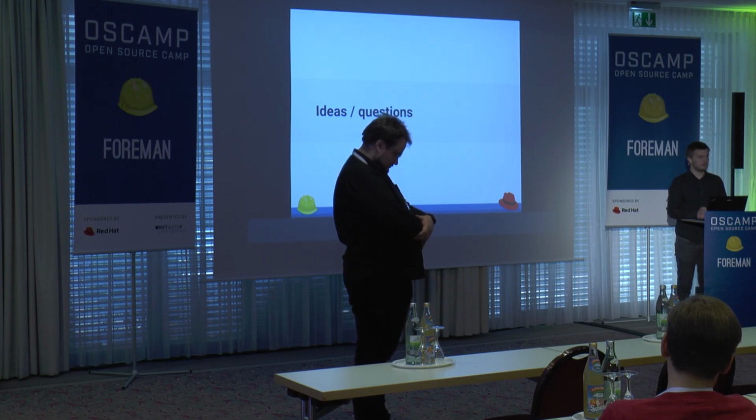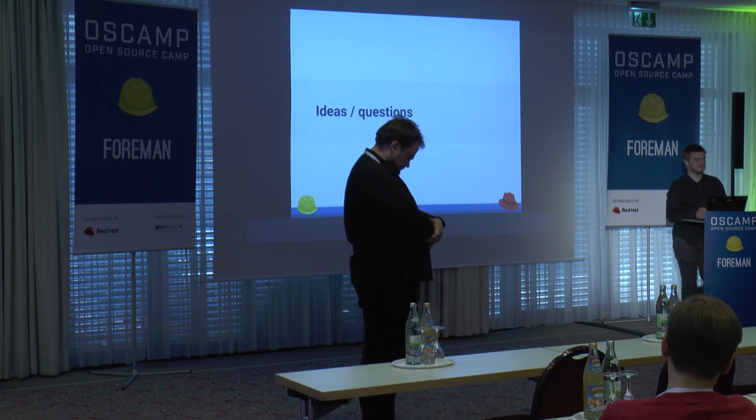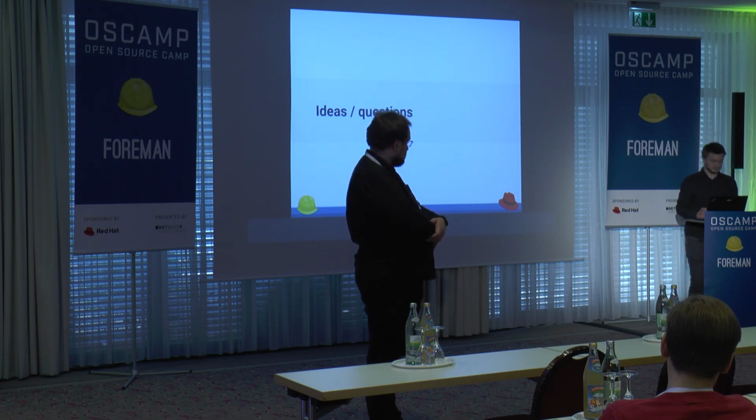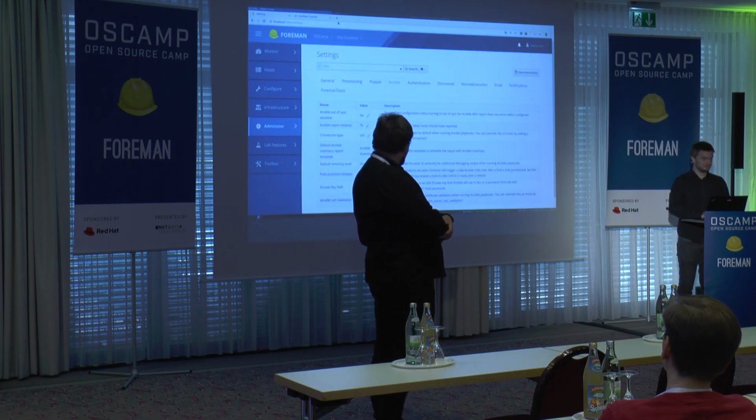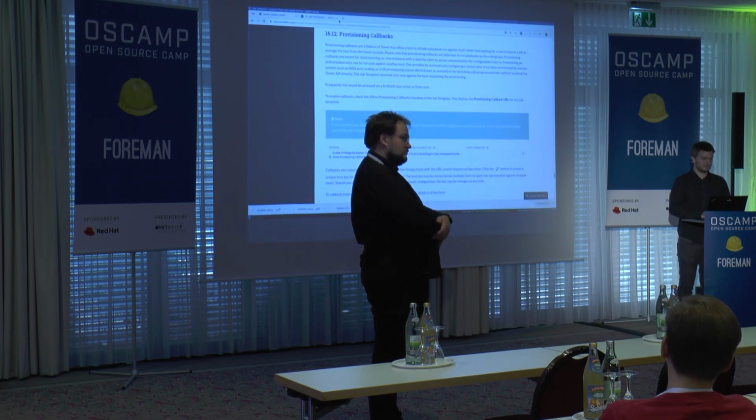So it would be really cool to see Foreman integrate the variables a little bit better, instead of having a whole list of variables, which is quite useful right now. But if you assign a role to some host, like in Puppet, I guess those are smart variables, which are then shown so that you can override them. It would be great to have something like this for Ansible too.